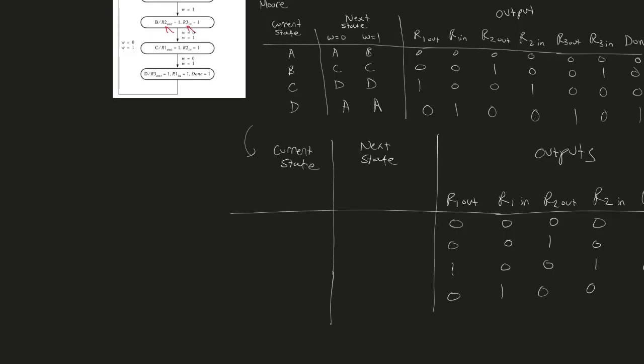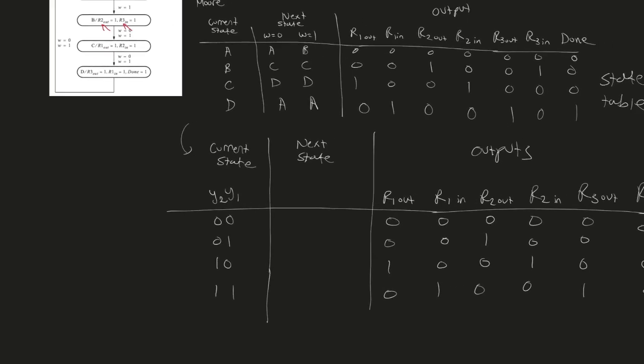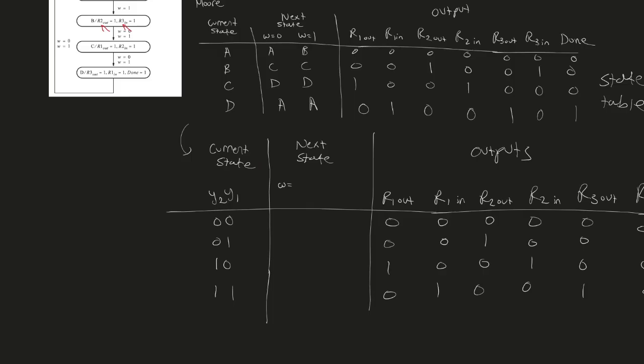Current state is going to be in the form of 2-bit binary values, so we'll put y2 and y1 here. A will be represented by 0 0, B by 0 1, C by 1 0, and D by 1 1. And for this one, it's going to be W equals 0, W equals 1. Next state will be represented by uppercase Y2 and Y1. So it should be 0 0, 0 1, 1 0, 1 0, 1 1, 1 1, and then 0 0, 0 0.